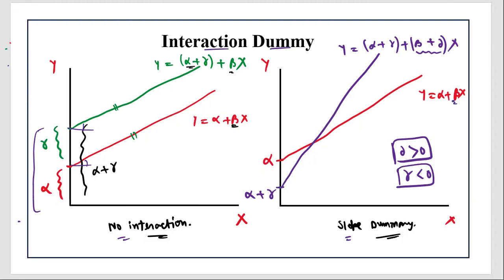But as soon as you introduce the interaction term, not only the slope but also the intercept changes. Here gamma is less than zero, so the intercept falls, but the slope is increased since we have considered delta to be positive, right? Thus both the slope and the intercept change if you introduce an interaction dummy in your model.